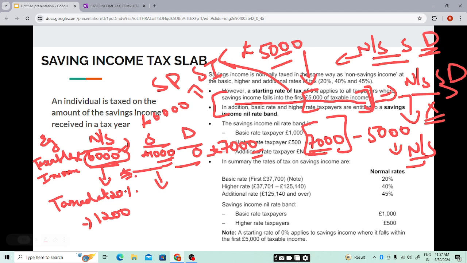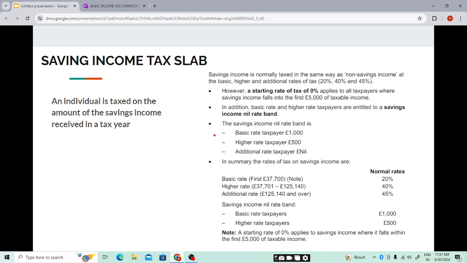Clear with this? So now we will be further moving to the second criteria. The first rule we have learned, the special rule for saving income. Now in addition, basic rate and higher rate taxpayers are entitled to a saving income nil rate band. As in the tax slab we have seen, the saving income and dividend income have a 0% nil rate band.